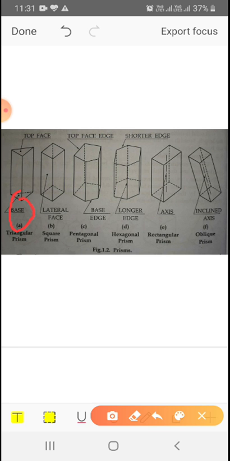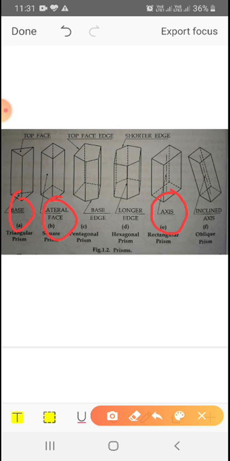What about the lateral face? The side faces are called lateral faces. Normally they are rectangular vertical surfaces.